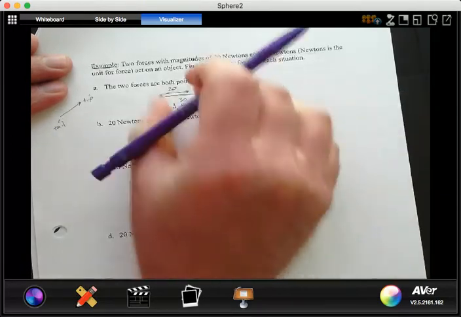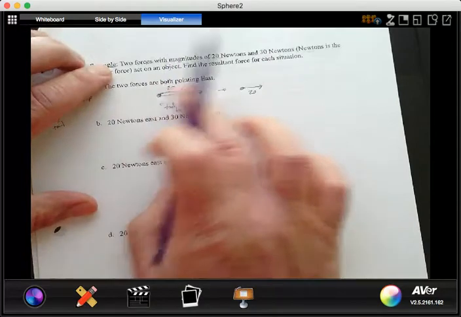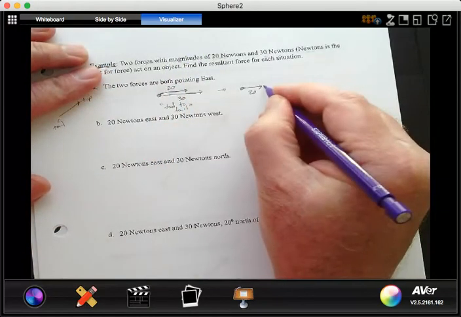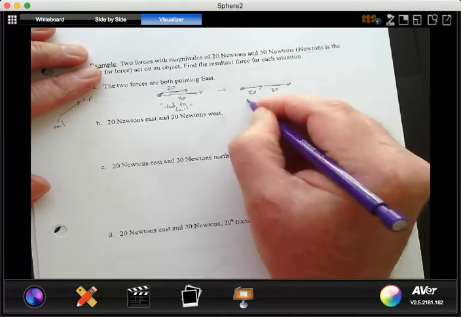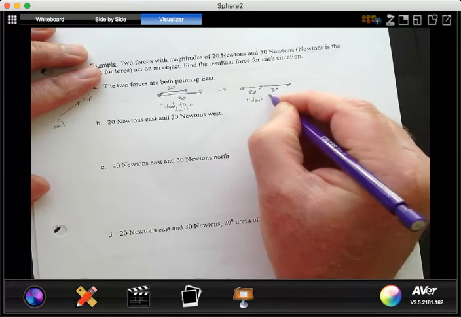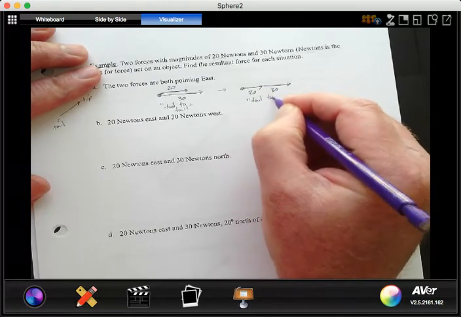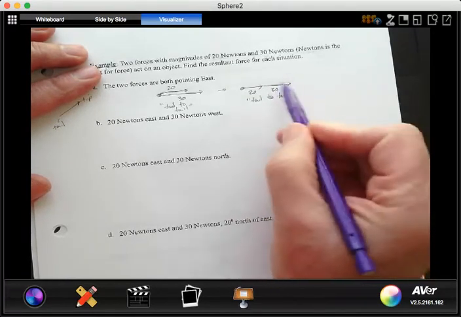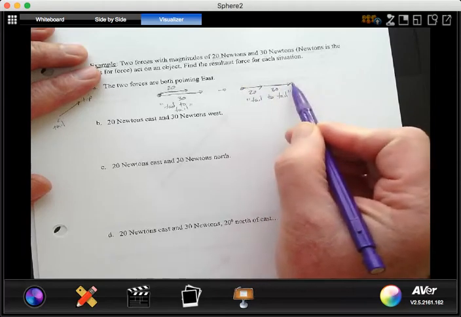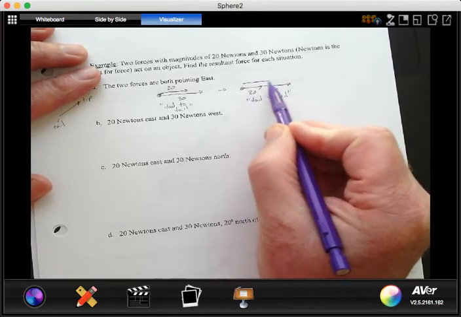Now I'm just going to take this 30 and slide it over so its tail is at the tip of the 20. You don't even have to write this out. I'm just doing it so that you can see what I'm doing. And then the resultant is from the origin to the tip of the last vector you drew. So there's my resultant.